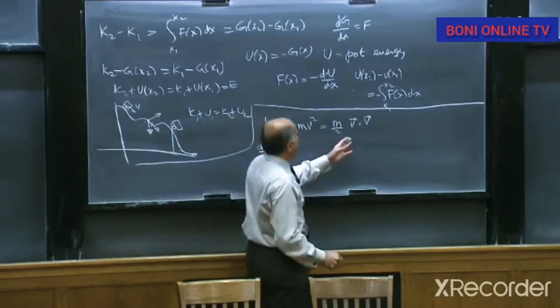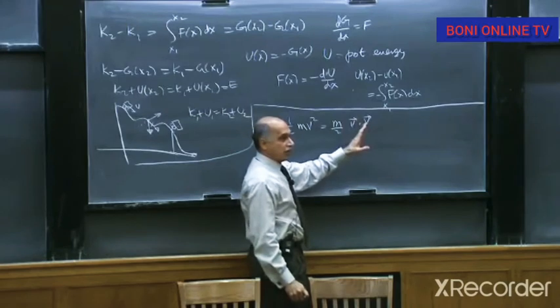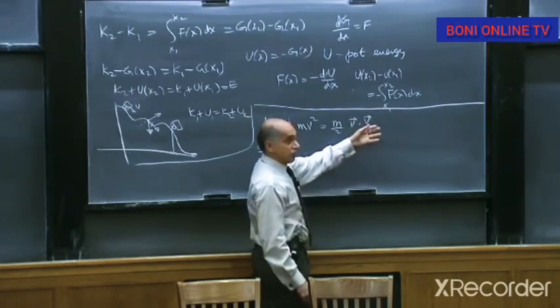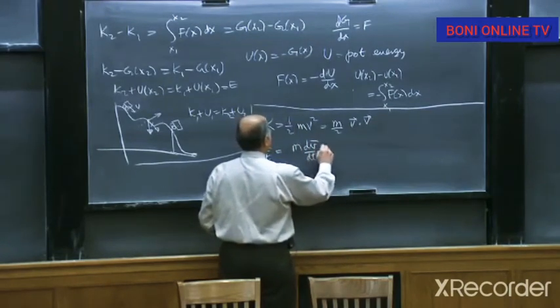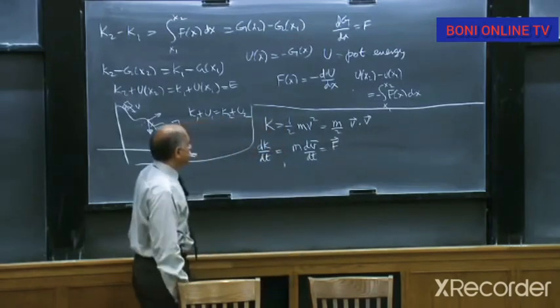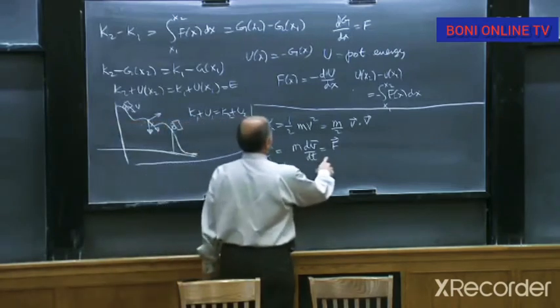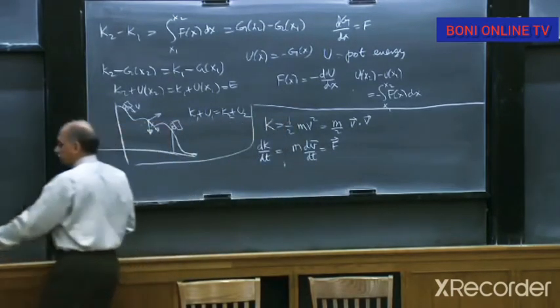Now, you may be a little queasy about taking derivatives when there's a dot product, but you can check by expanding the components, just like an ordinary product. You can take the derivative of this guy times that guy, plus the derivative of that guy times this guy, and they will both be the same, and you will find it's equal to m dv/dt, which is the force. I'm sorry, let me erase this.